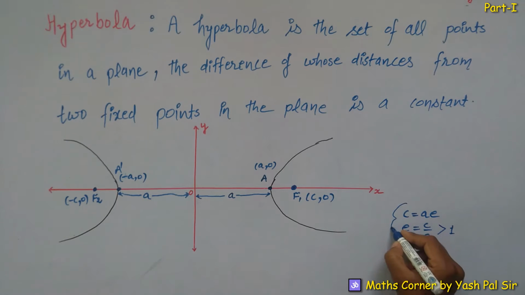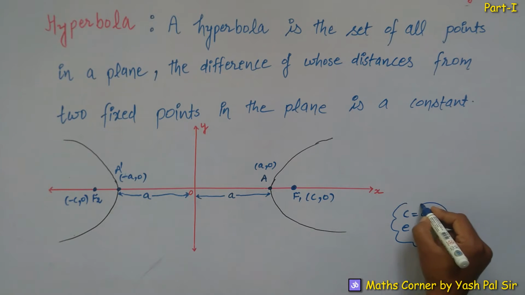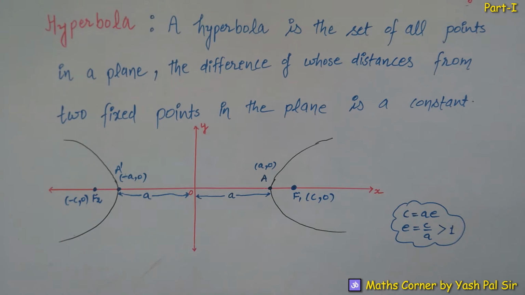This is a very important thing whenever we talk about hyperbola. Eccentricity is greater than 1. Whatever the result of eccentricity, only if it is greater than 1 can we say that this is the eccentricity of a hyperbola.